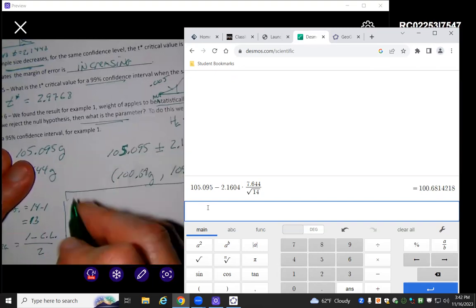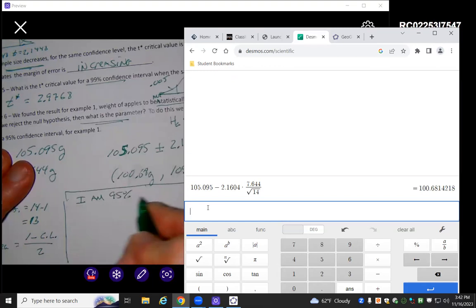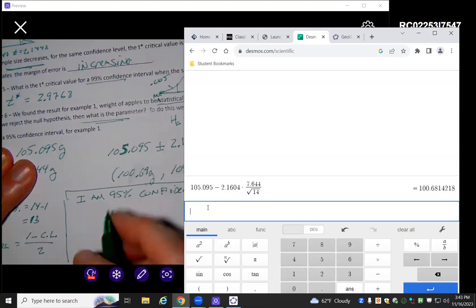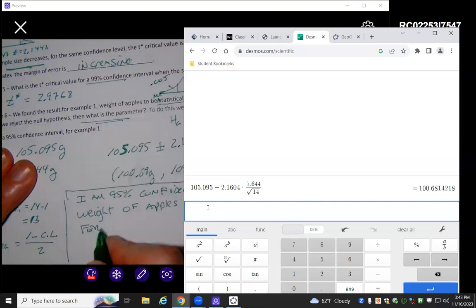Well, the old sing-song is this. I am 95% confident, and this is a personal probability, by the way, that the mean weight of apples using the new fertilizer is between 100.68 grams and 109.51 grams.